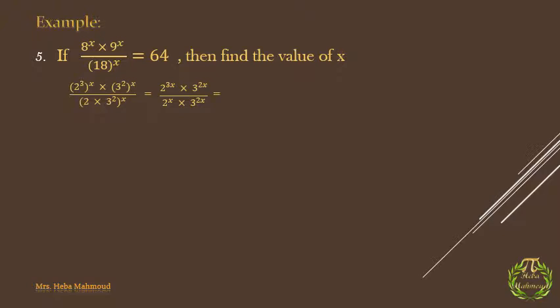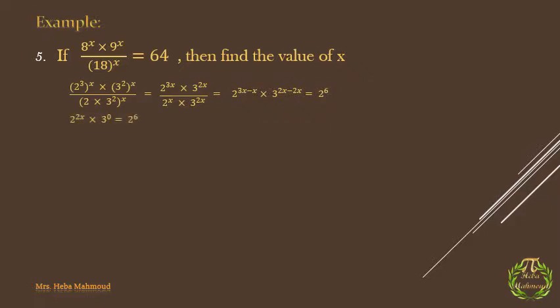We will take the base of 2. Since between them is a divide, we use the rule of the power that we make subtraction between the powers, because the base equals the base. So the base 2 power is 3x minus x, times the base 3 power 2x minus 2x, equals 64, which will be 2 power 6.